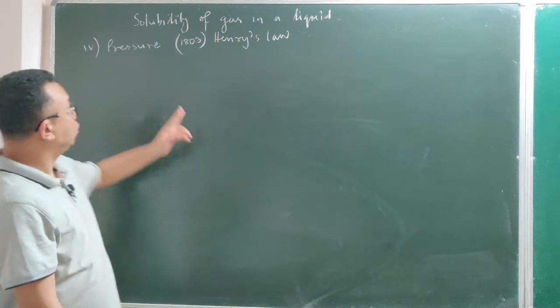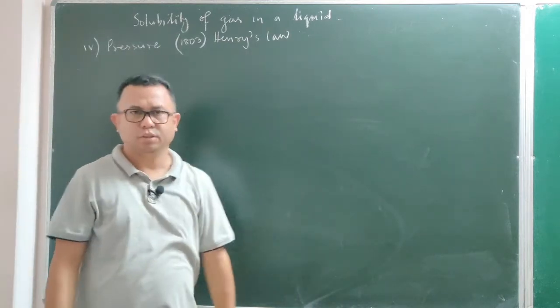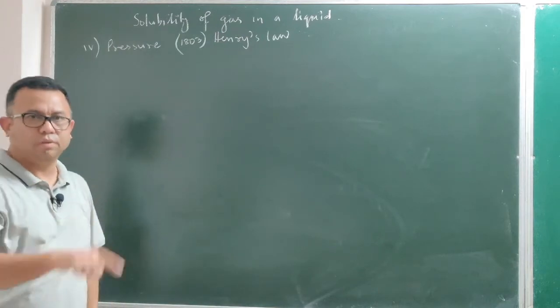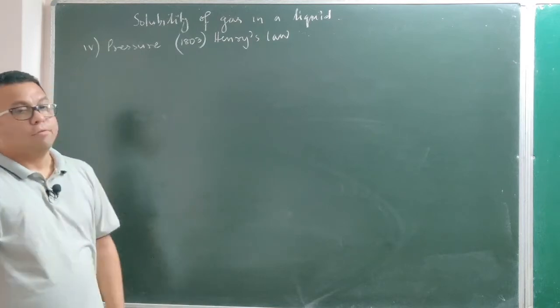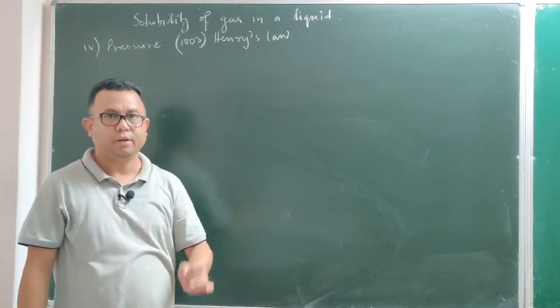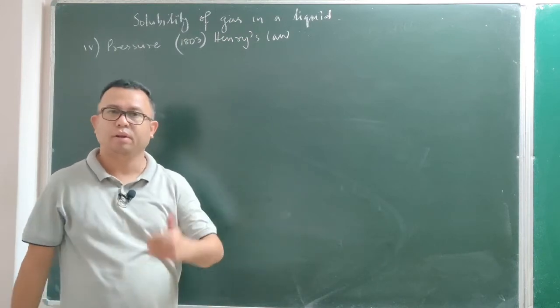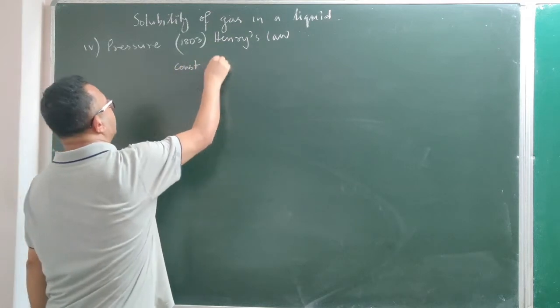Again I repeat, Henry's law gives you the relationship between pressure and the solubility of a gas. Since the law is about a gas dissolved in a liquid, it goes something like this: for a gas dissolved in a liquid or in a solvent at constant temperature.